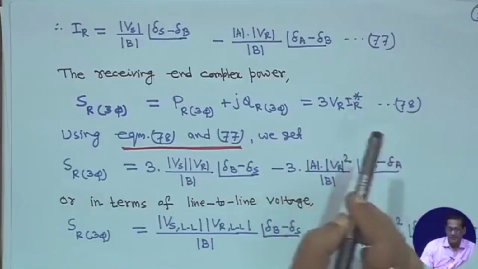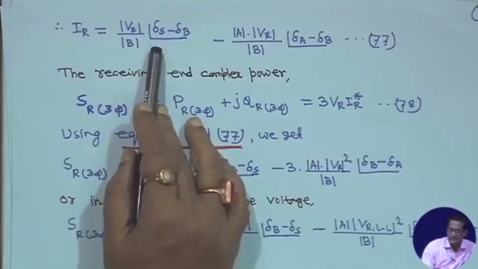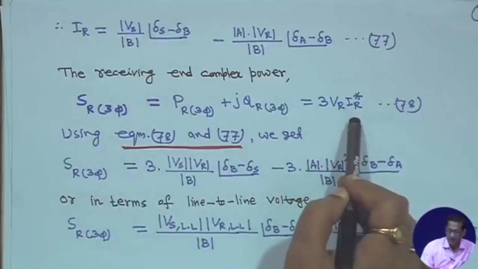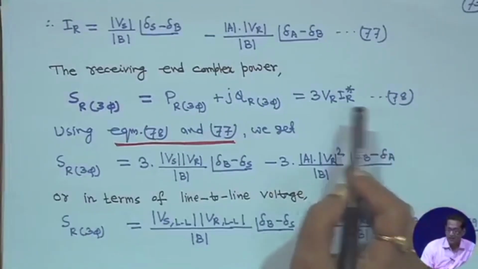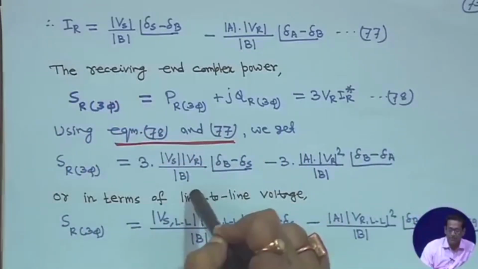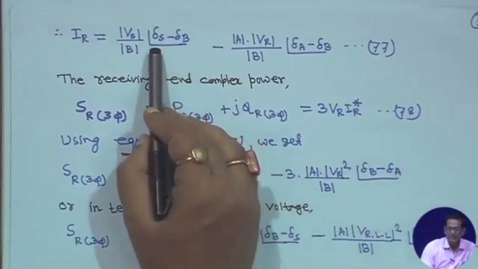This is equation 78. Now, from equations 78 and 77, I r is given, so you have to find out I r conjugate. If you take the conjugate, V s upon mod B will remain, and as it is conjugate, this angle will become delta B minus delta s.